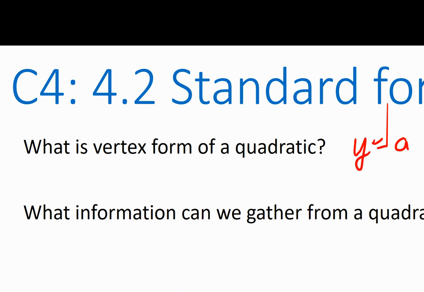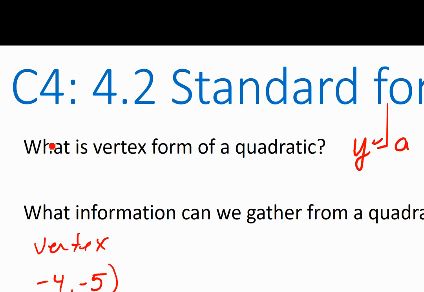So when looking at this equation in vertex form, what information can we gather from a quadratic in vertex form? Okay, so I have -3 times parentheses x plus 4 squared minus 5. What information can I gather from that? Blake. Okay, so what is the vertex? -4.